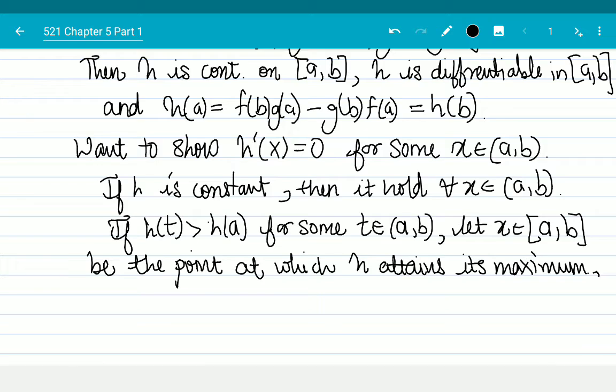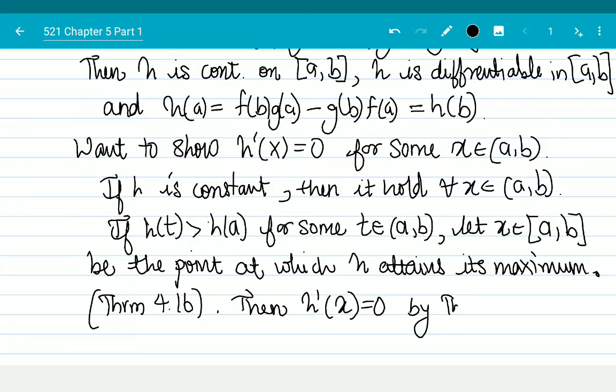Okay, we have shown before, in theorem 4.16, that every continuous function on a closed set attains its maximum at some point. So it is attaining the maximum, hence h prime of x is equal to 0 by theorem 5.2.